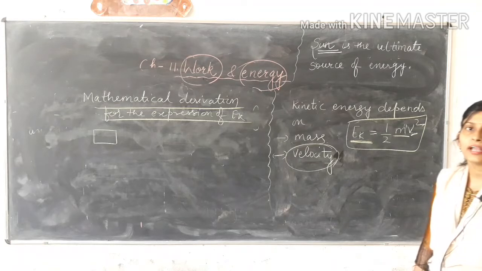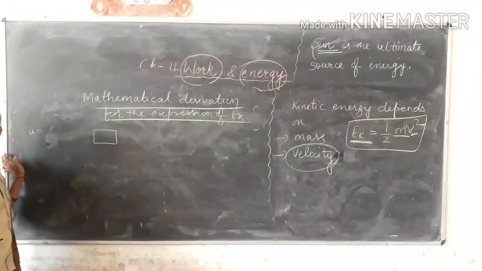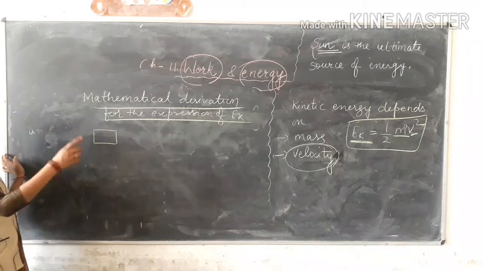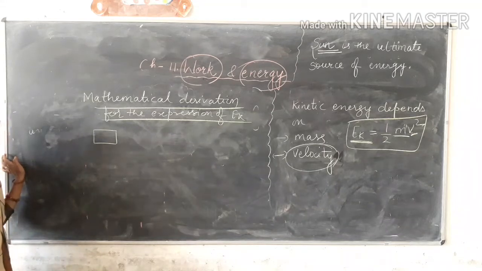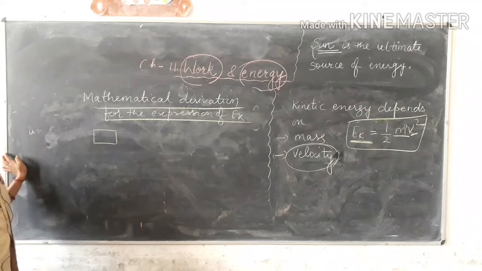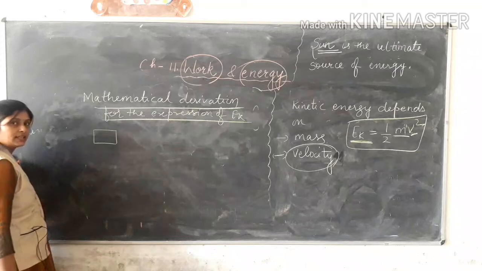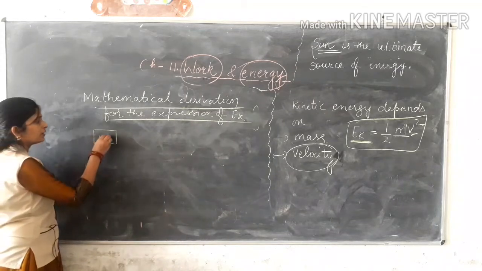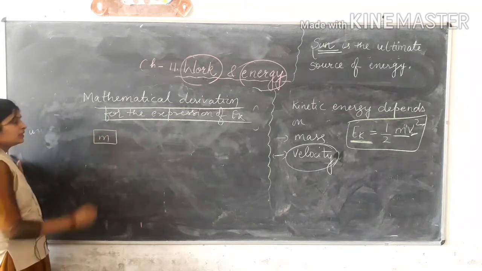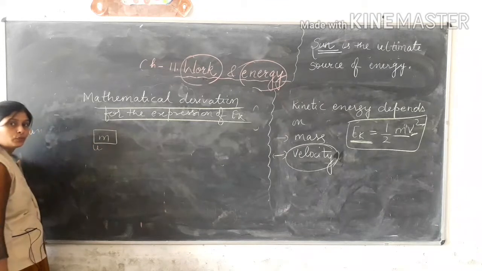That I am going to derive mathematically. Now, mathematical derivation for the expression of kinetic energy. Here we are going to derive the expression or formula of kinetic energy mathematically. Let us consider that there is an object having mass m. Its initial velocity is u.